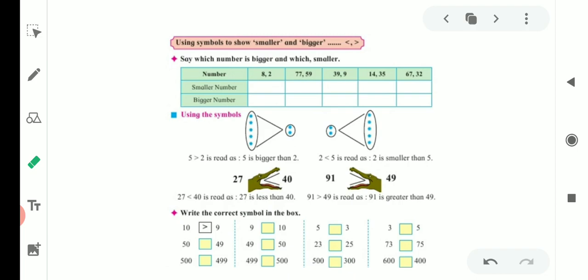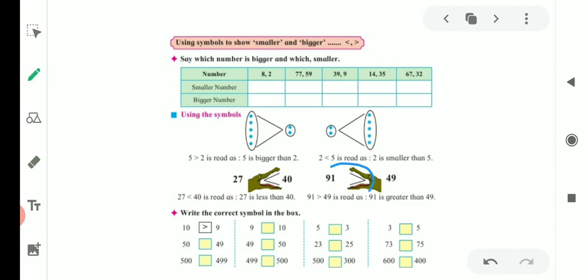You can see these two numbers over here, 27 and next is 40. See the mouth. The crocodile mouth is facing towards the bigger number. 40 is bigger than 27, no. So his mouth is facing towards the bigger number. Now next one here, 91 and 49.